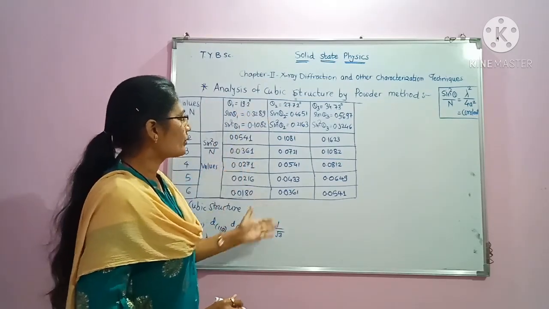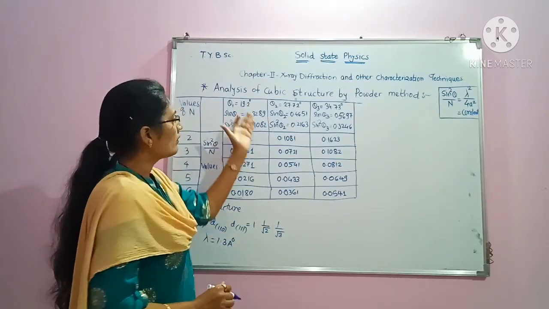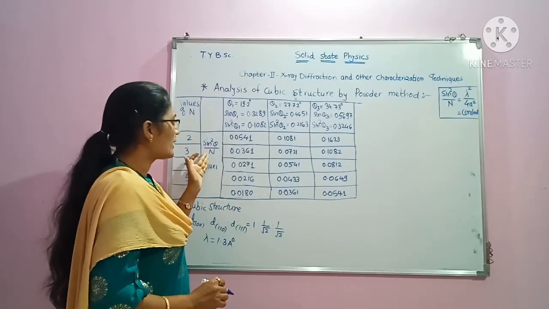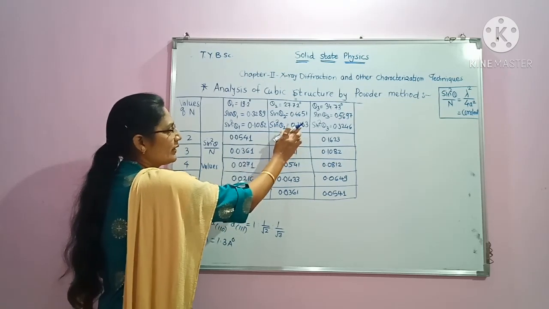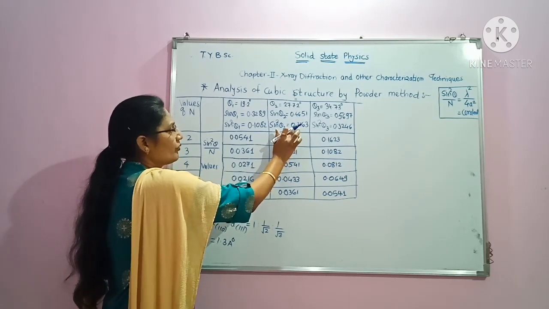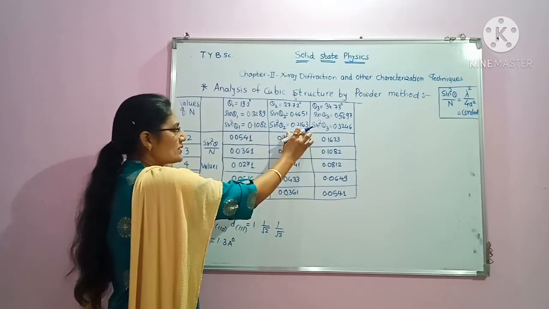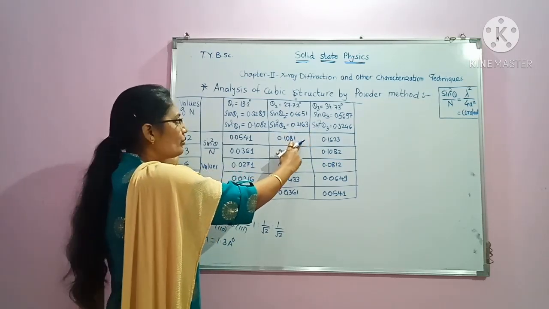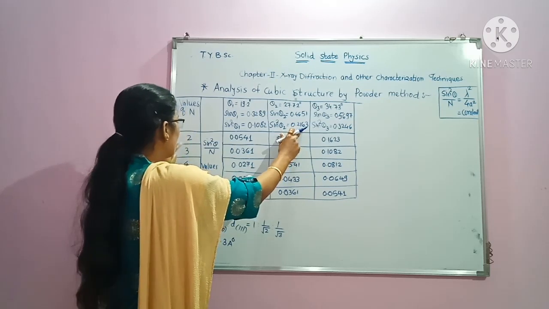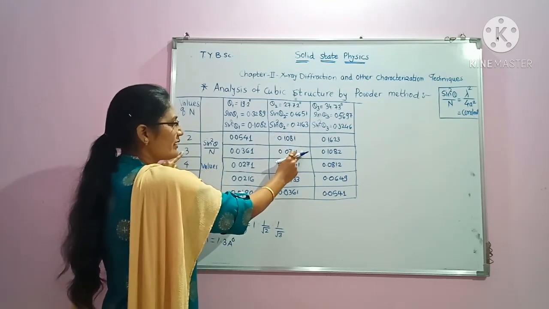Next, we have to find out similarly the sin square theta upon n values. Here the sin square theta value for theta 2 is 0.2163. We have to divide it first by 2, and we will obtain this value. Taking this value divided by 3, we will obtain this value.